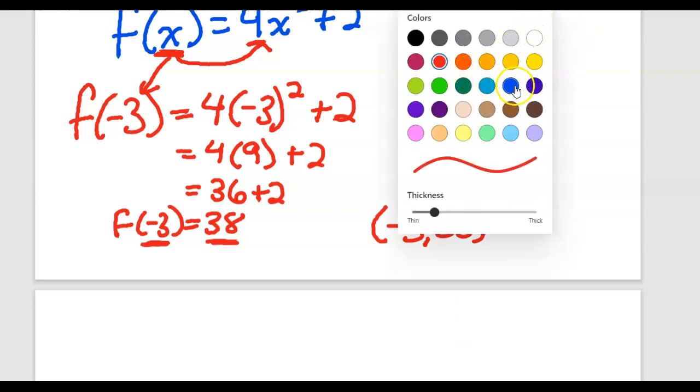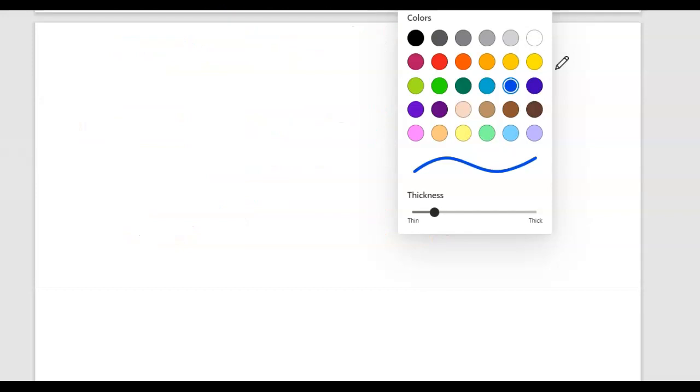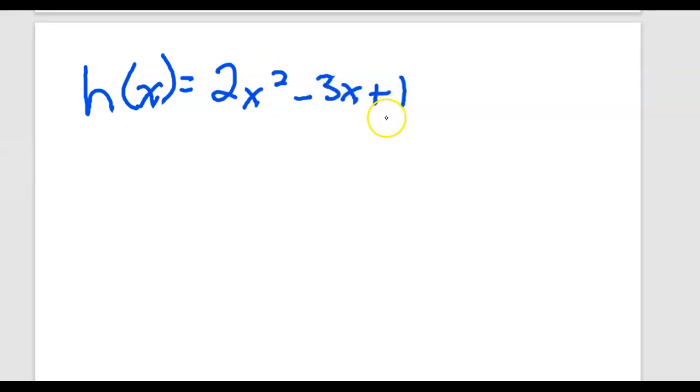Now I can put a lot of things inside that function notation. Let's look at if I have h of x is equal to 2x squared minus 3x plus 1. And let's say that I want to find h of the square root of 2.